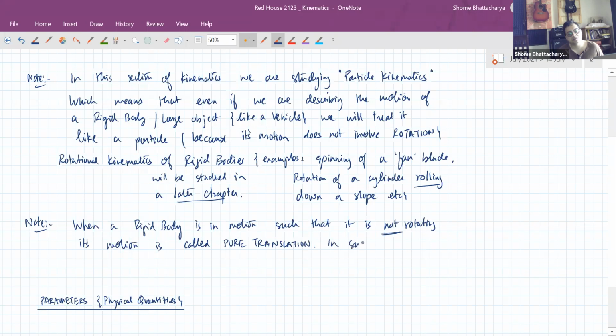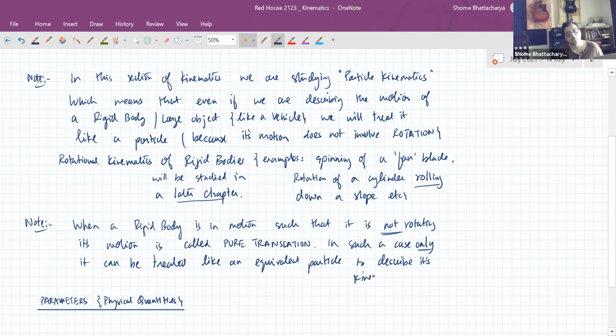In such a case only, it can be treated like an equivalent particle to describe its kinematics.